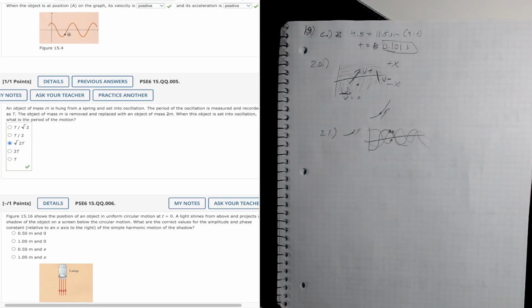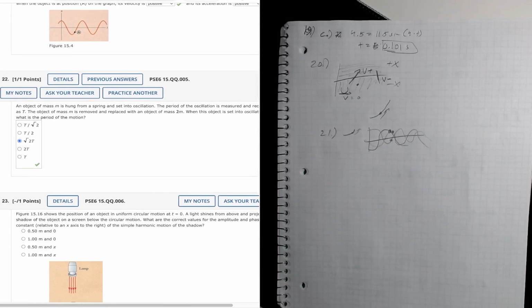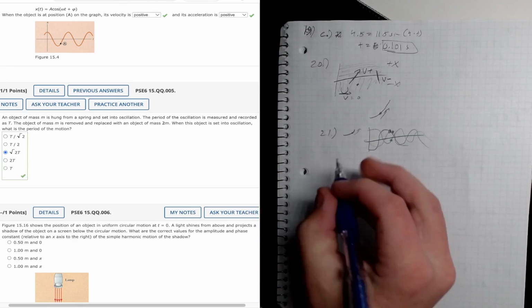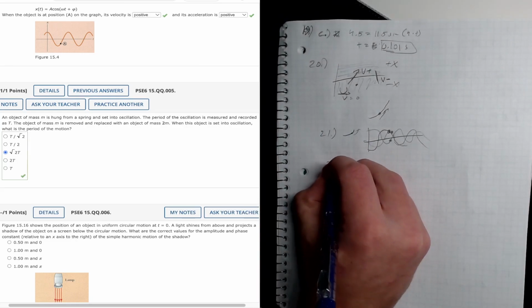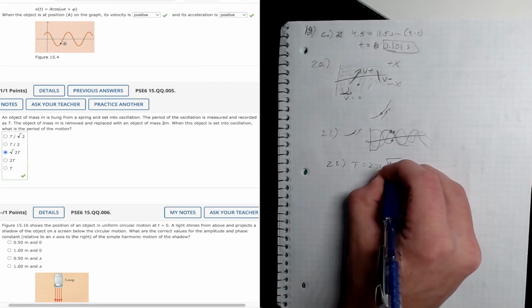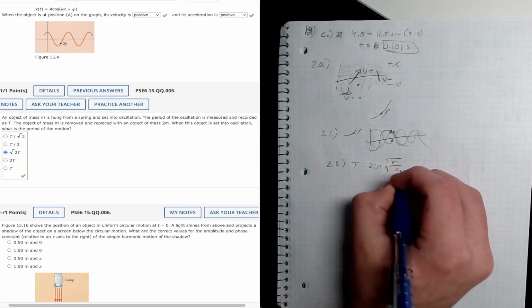All right, an object of mass m is hung from a spring and set into oscillation. The period of oscillation is measured and recorded as T. As T, the object of mass m is removed and replaced with an object of mass 2m. When the object is set into oscillation, what is the period of the motion? So we know that for 22, T equals 2 pi square root of m over k.